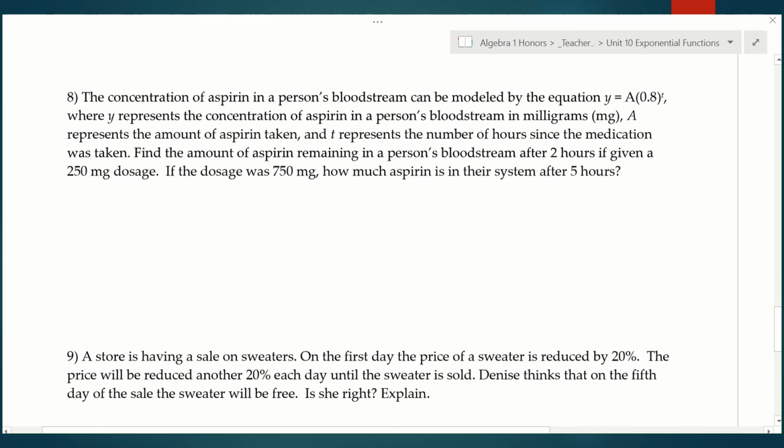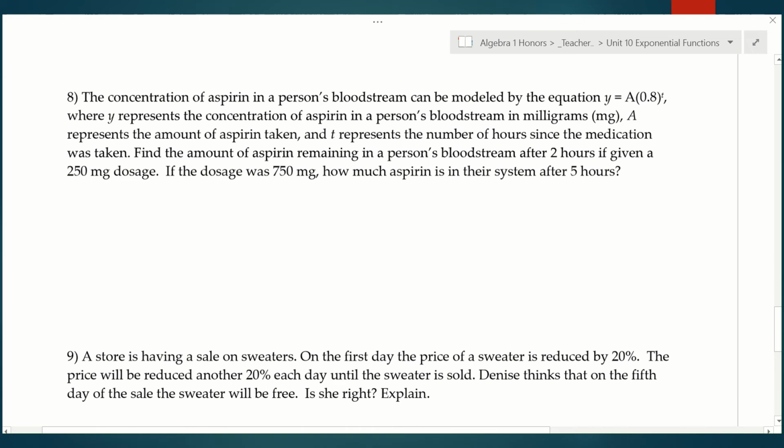Find the amount of aspirin remaining in a person's bloodstream after 2 hours if given a 250 milligram dosage. If the dosage was 750 milligrams, how much aspirin is in their system after 5 hours?